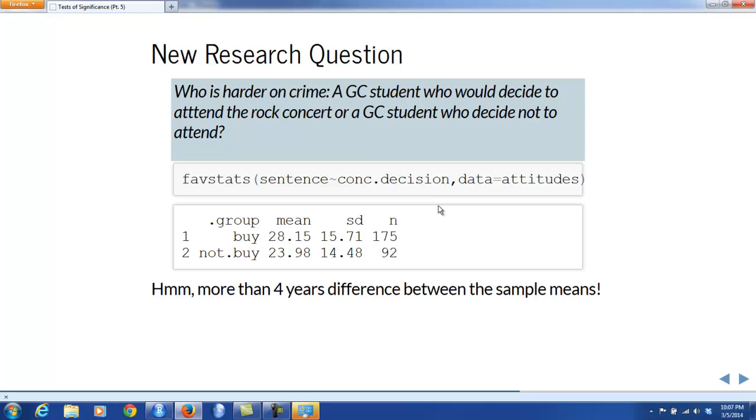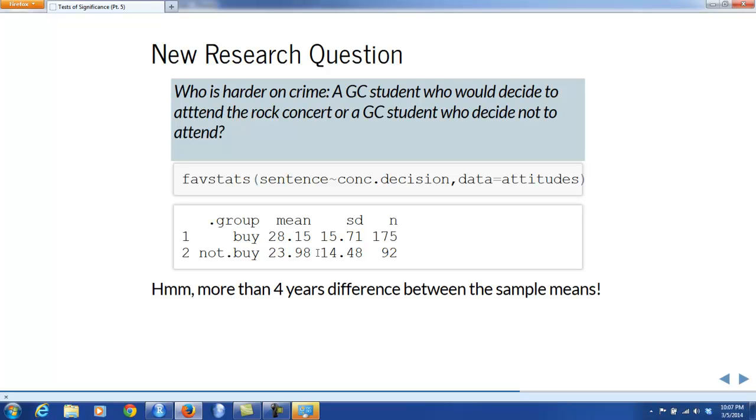So applying favstats, we see the results are that the average sentence handed down by folks who said they would buy a ticket was about 28 years. And the average sentence handed down by folks who said they would not buy a ticket in that situation was about 24 years. That's more than a 4-year difference we're looking at here.